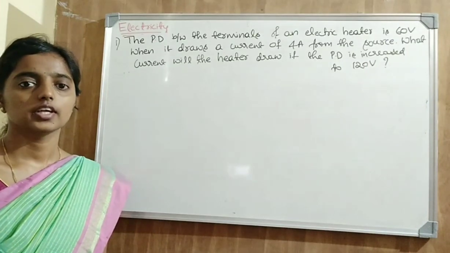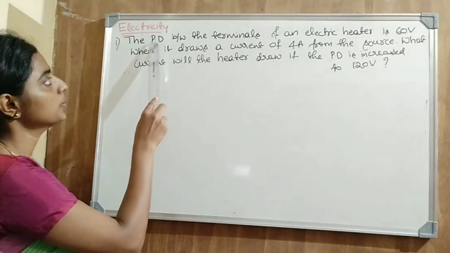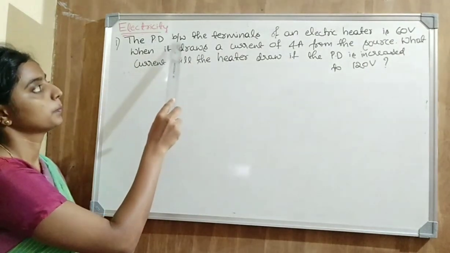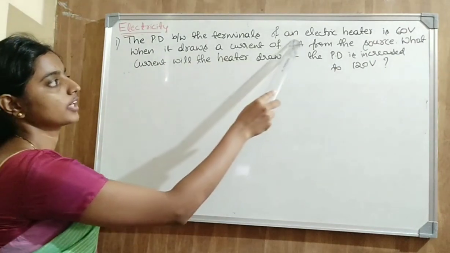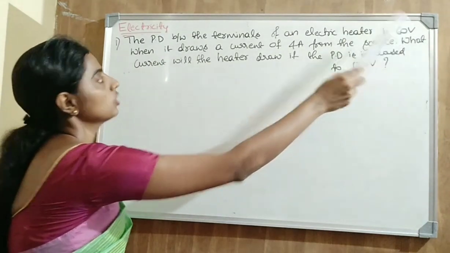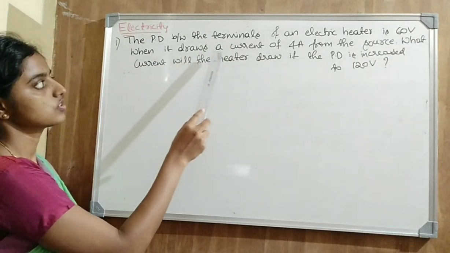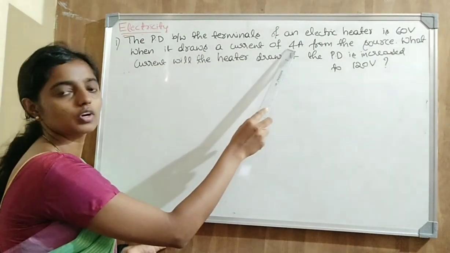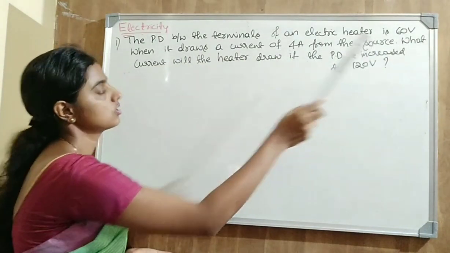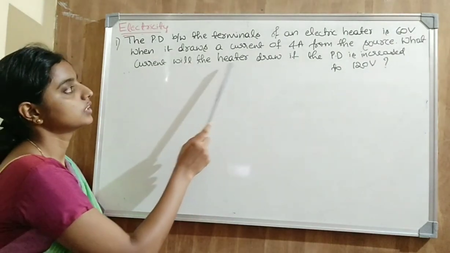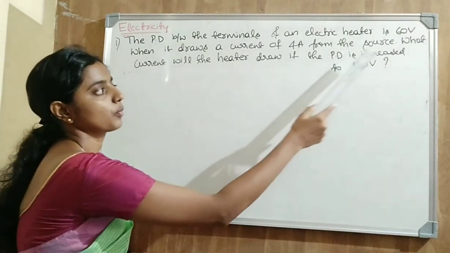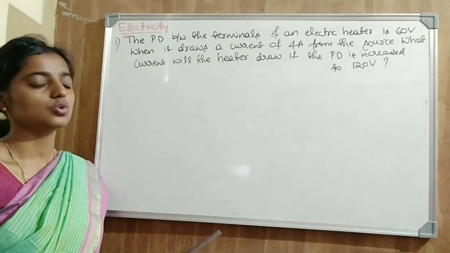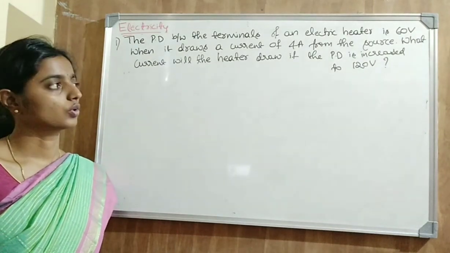Look at the question carefully. The potential difference between the terminals of an electric heater is 60 volt when it draws a current of 4 ampere from the source. What current will the heater draw if the potential difference is increased to 120 volt?